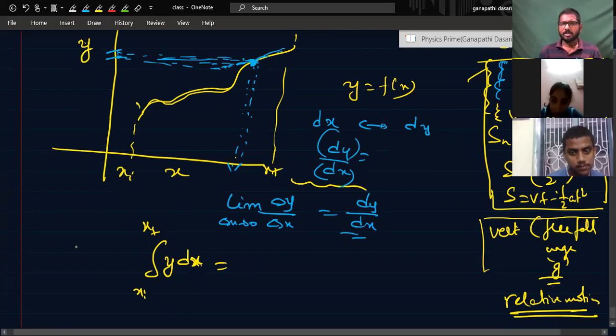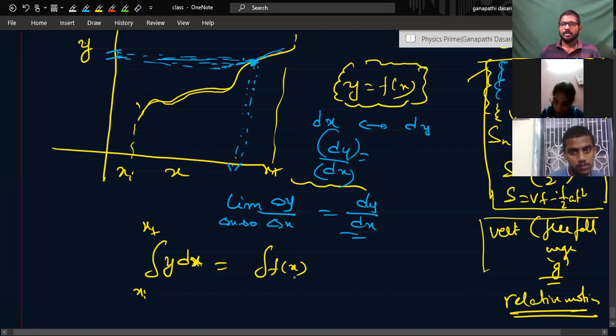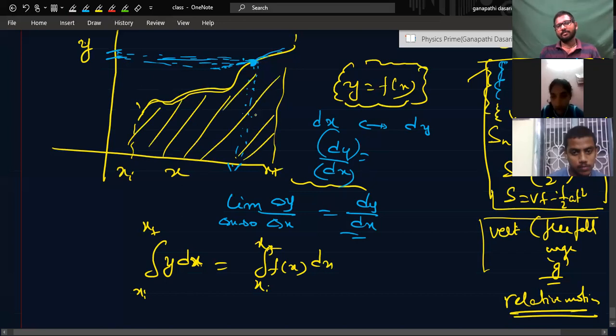Why should it be constant? This y can also be written as f of x, because y is a function of x. So integral f of x dx from x initial to x final will give you the area under the curve.